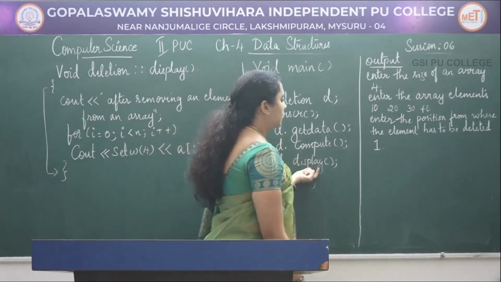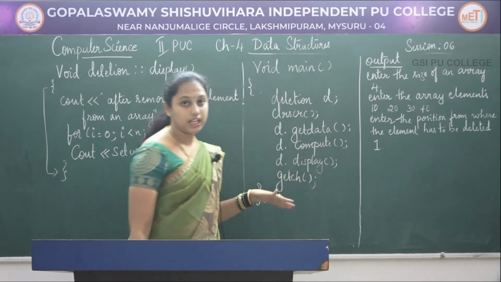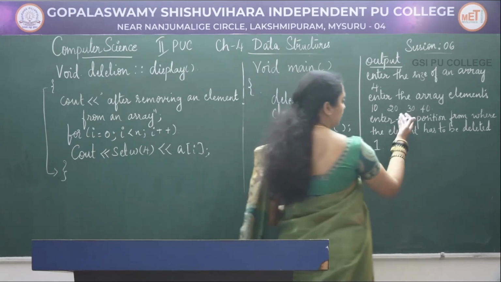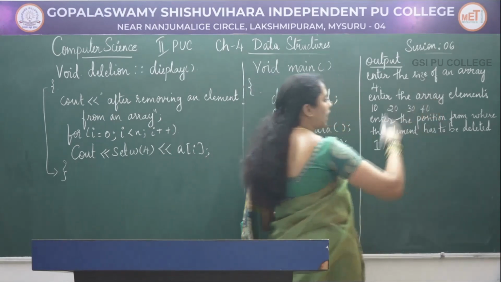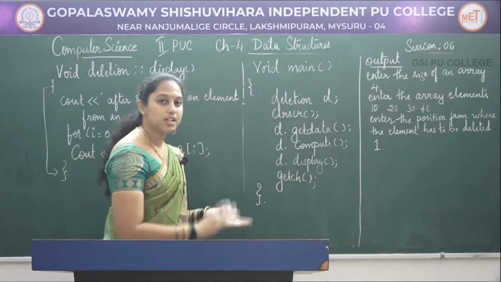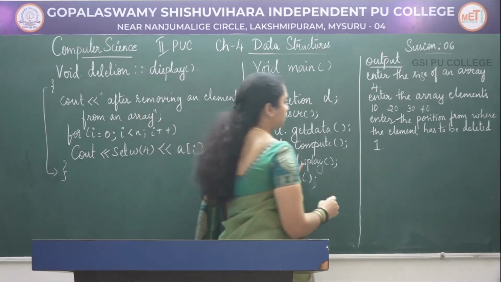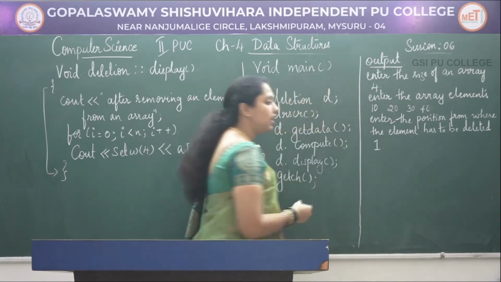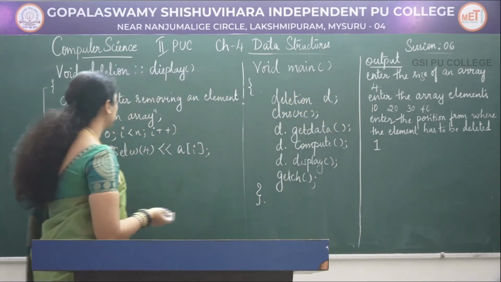Next, in the display function, after deleting an element, what it will do? It will shift all the elements from the deleted position till the last element. It will shift the elements to its lower order positions. So, in the display function, we are going to display the elements after deletion.